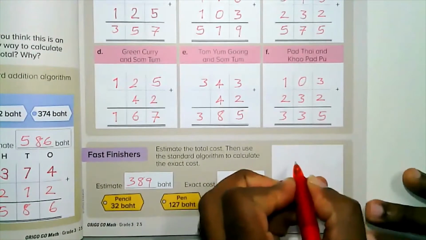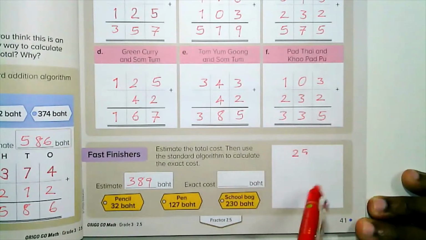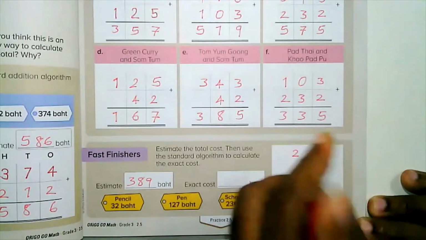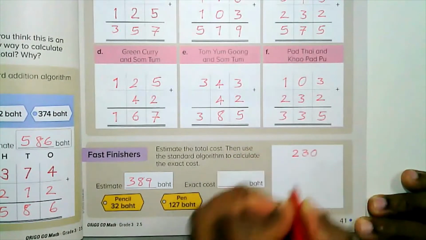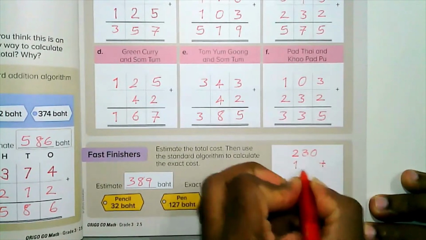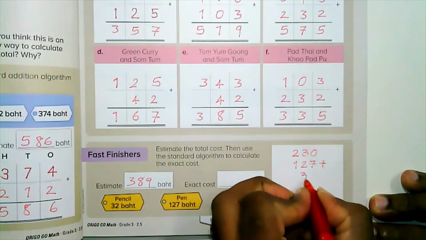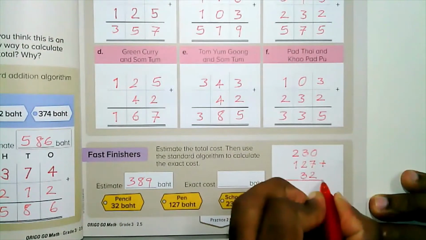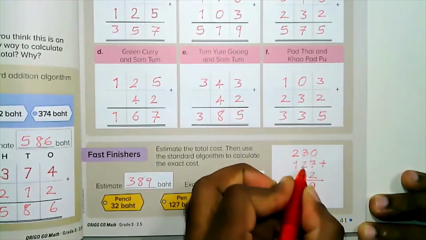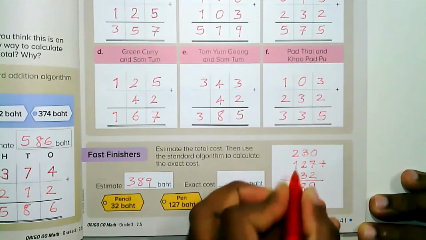We write, excuse me, 230 plus 127 plus 32. So we have 9. 3 plus 2 plus 3 will be 8 and 3.